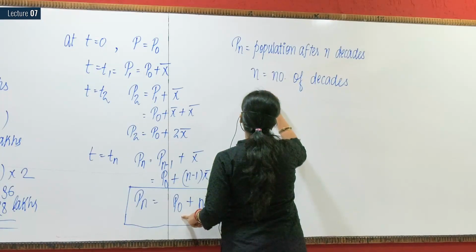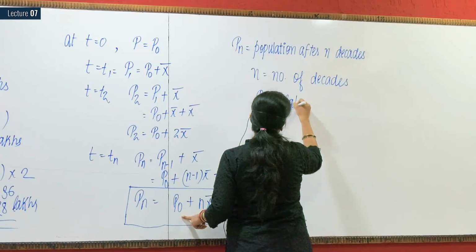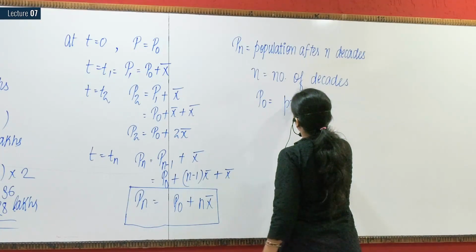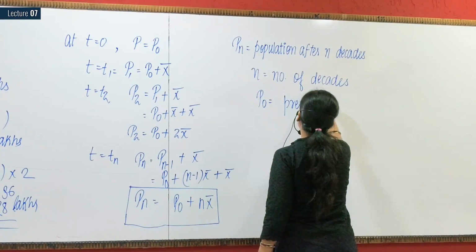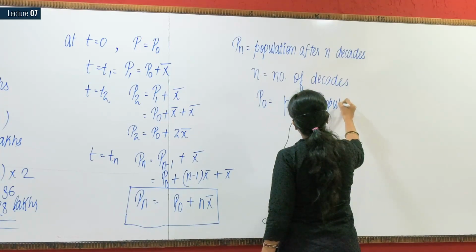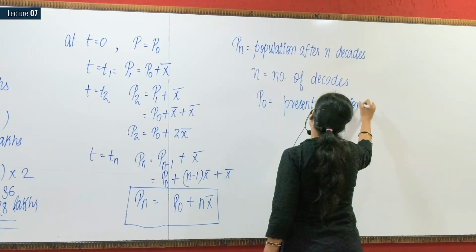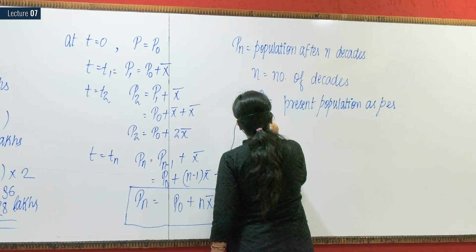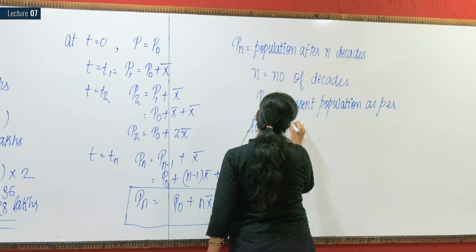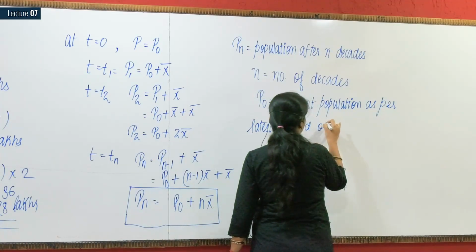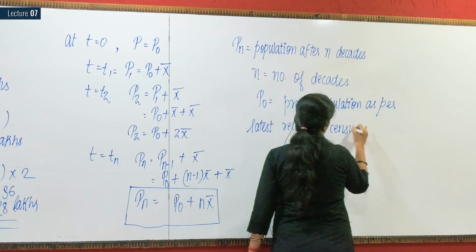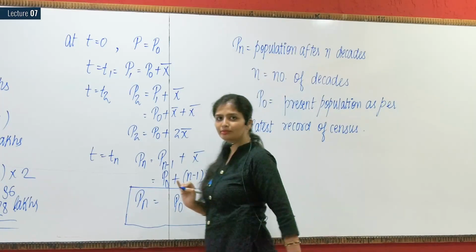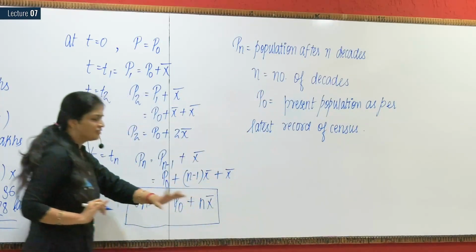And P naught is the latest, or you can write present population as per latest record of census. As per the latest record of census, what was the value? You got it as P naught. Fine. So now it is very much simple.